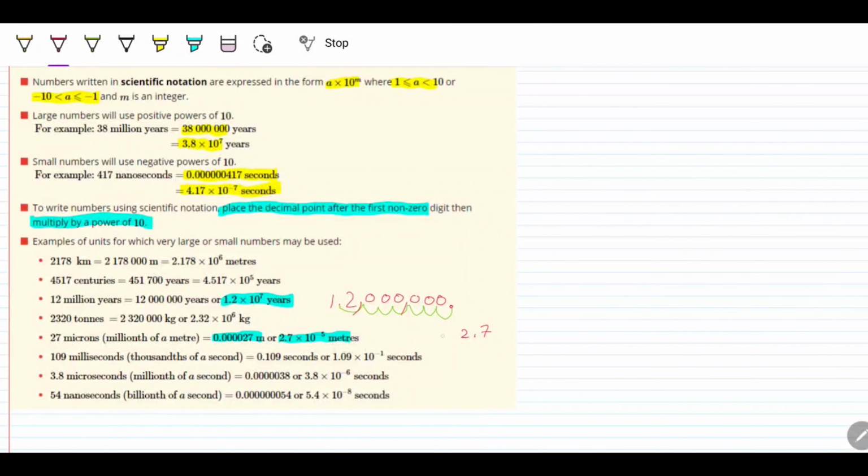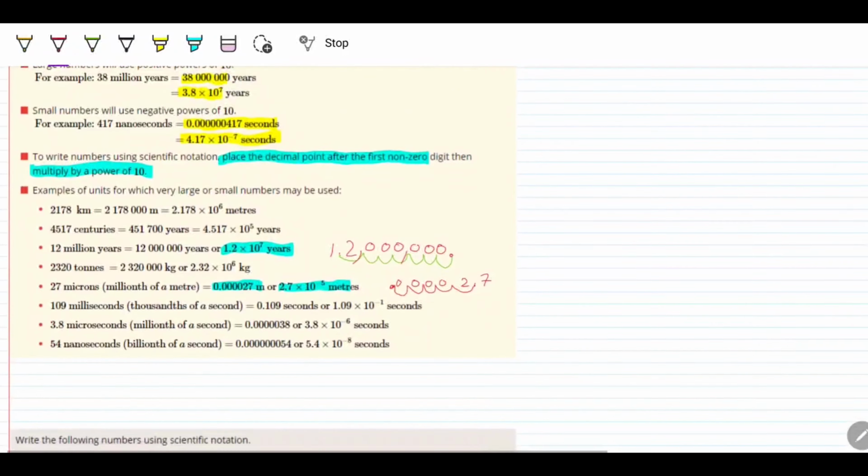If it's raised to the power of negative 5, you want to go to the left 5 times. So 1, 2, 3, 4, 5. Your new decimal point goes here, and you fill in the gaps with zeros. So now we get 0.000027 meters.